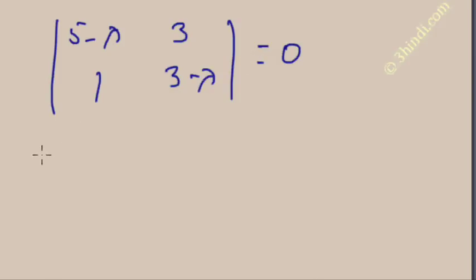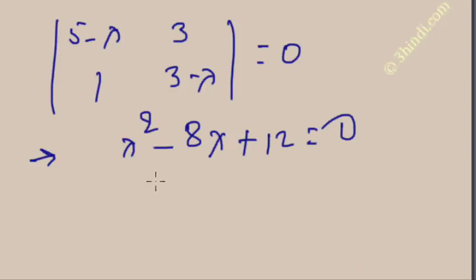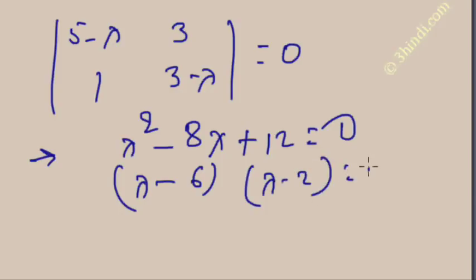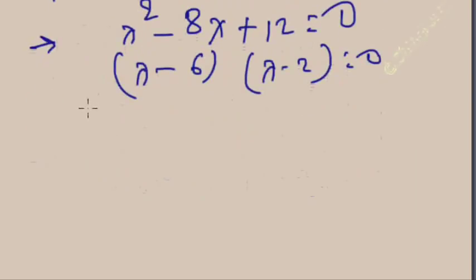This is the characteristic equation. This means lambda square minus 8 lambda plus 12 is equal to 0, and lambda minus 6 into lambda minus 2 is equal to 0. So lambda is equal to 2 and 6.